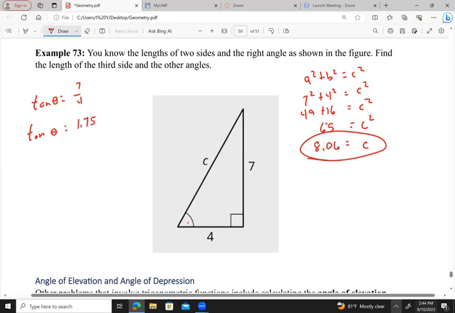So again, we should have an inverse tangent button of 1.75. And we get approximately 60.26 degrees. So if this is 60.26 degrees, and this one's 90, of course, this would be 29.74 degrees.